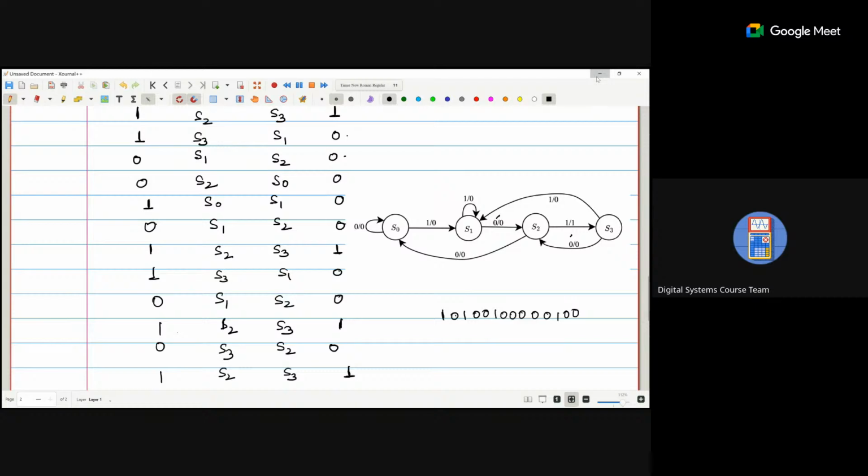A and B are taken as input. So how do you implement this one?